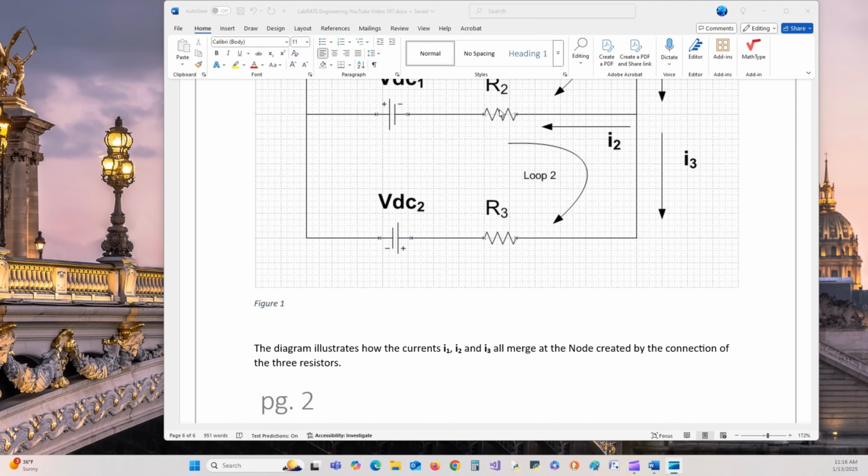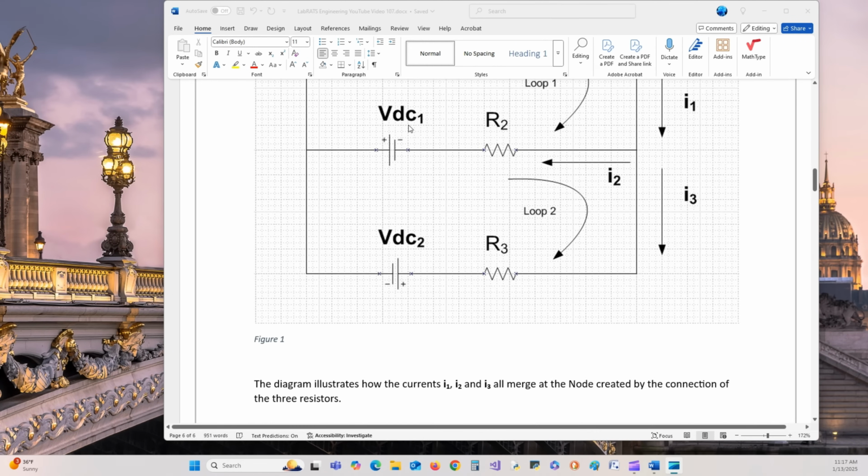This coming into here, this is positive. So this is a positive. This makes this a negative R3 times I3 right here, minus a VDC2 coming into here, positive, negative, minus VDC1.